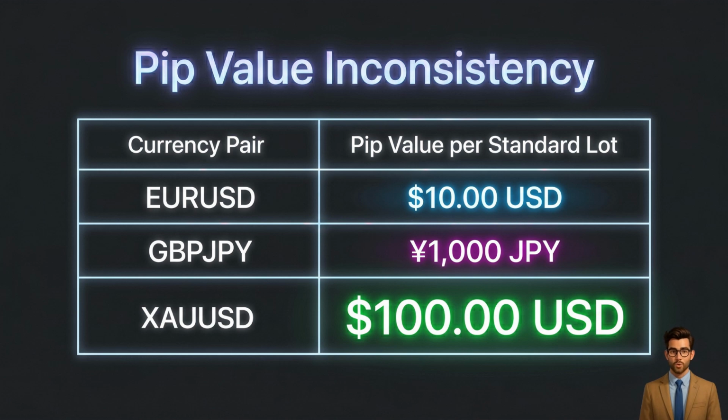You might think you are risking 1% of your account, but because of the pip value discrepancy, you could actually be risking 2 or 3%. Over a series of trades, this hidden mathematical error will destroy your risk-to-reward ratio and bleed your account dry.